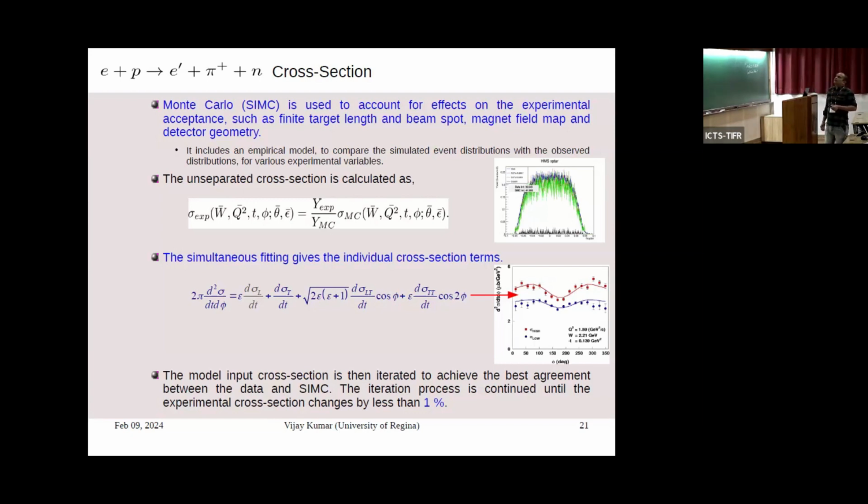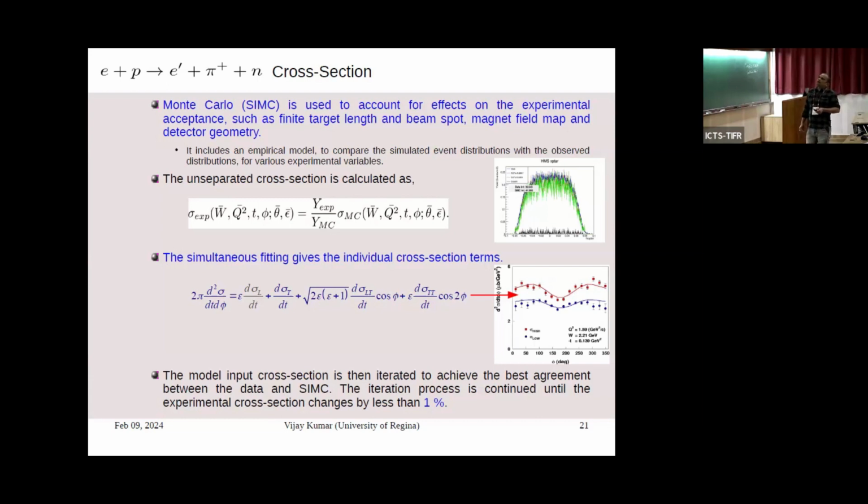Here is one variable of comparison between these two. Here blue is Monte Carlo and green is experimental data. From there, we calculate the yield ratio from these two: the experimental yield and the Monte Carlo yield. And then from here, we can get the experimental cross section by multiplying this ratio and the model cross section.